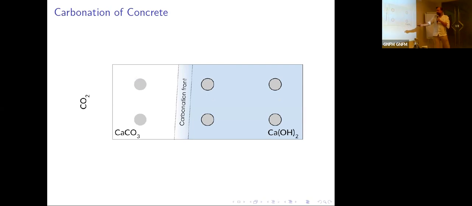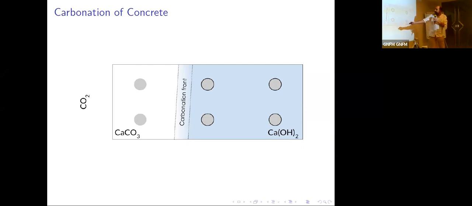Now, carbon dioxide reacts with calcium hydroxide and forms calcium carbonate. So we have two different regions, a carbonated region with calcium carbonate and an uncarbonated region with calcium hydroxide, that are separated by a carbonation front, which in general might not be a sharp interface, but a fringe region.